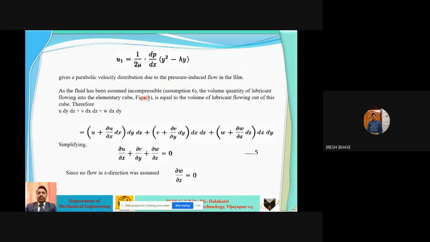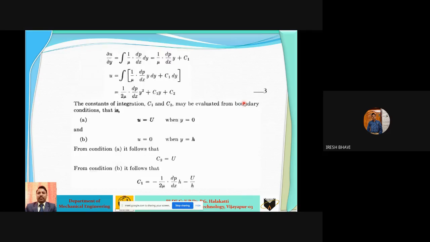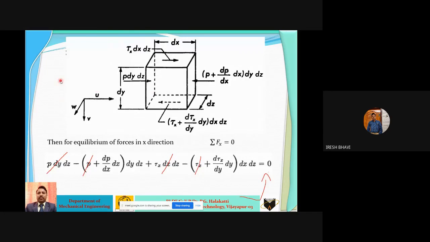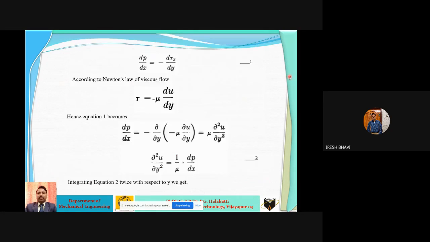As the fluid has been assumed incompressible, you know that in assumption 6 we assumed that the fluid is incompressible, hence the volume of lubricant flowing into the elementary cube is equal to the volume of lubricating oil flowing out of this cube. Volume of the fluid entering the cube is exactly equal to volume of the fluid leaving the cube.